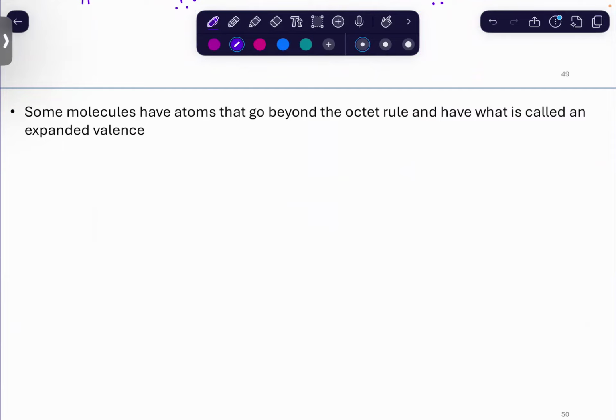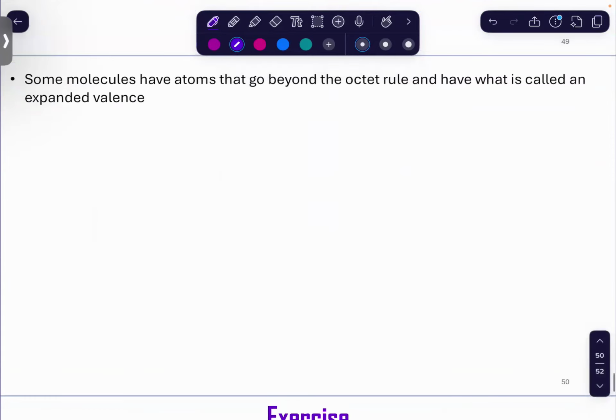So, for example, let's look at phosphorus pentafluoride. Okay, so phosphorus is in the same group as nitrogen, so it has 5 valence electrons. Fluorine, of course, has its 7. And then we say, well, for pentafluoride, I'm going to put phosphorus in the middle.